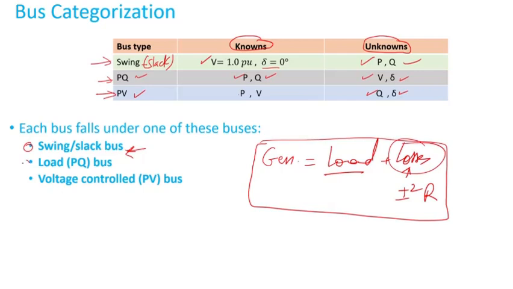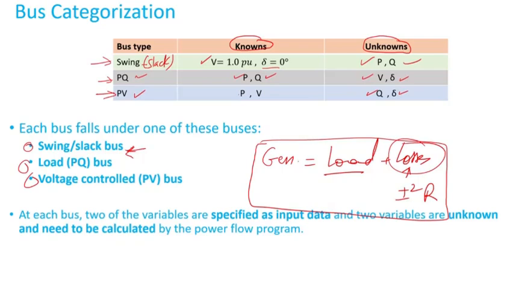Then you have a load bus. For PQ, you have a load, you know how much power it draws, but you don't know the voltage and the angle, as mentioned previously. Then there is the voltage controlled or PV bus.